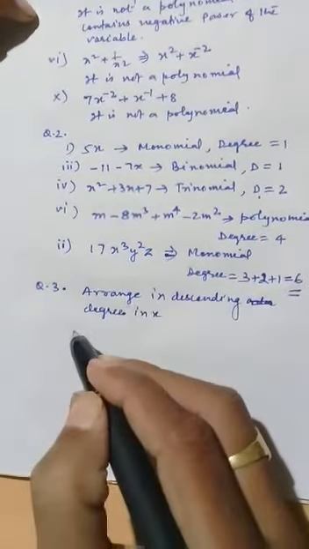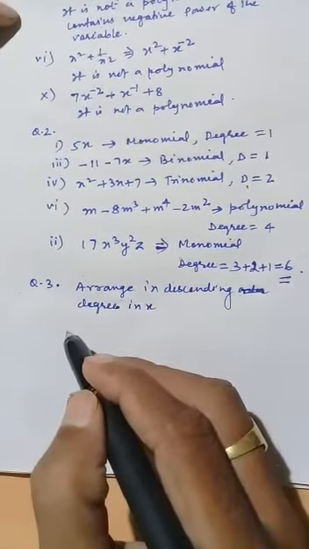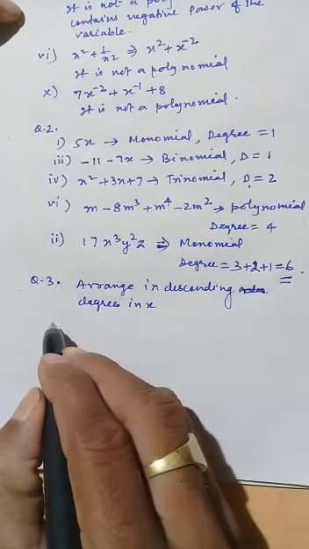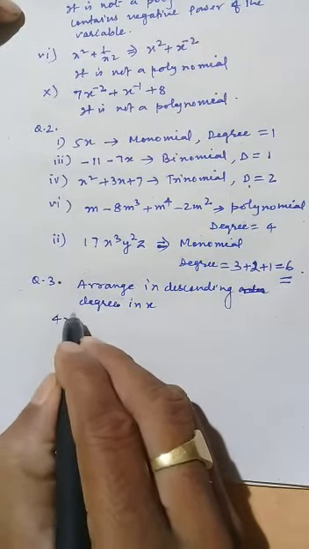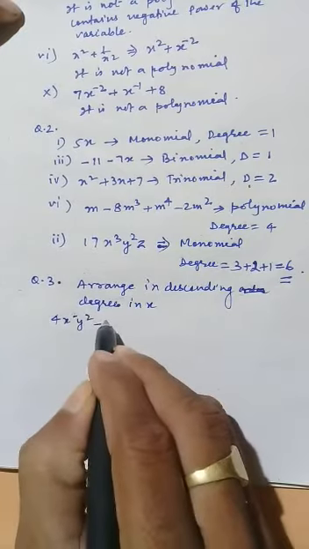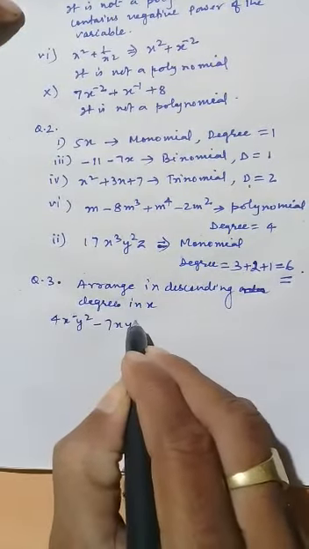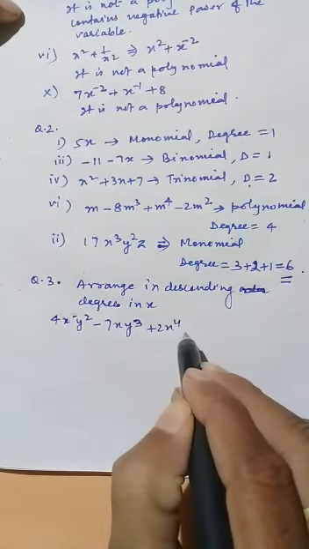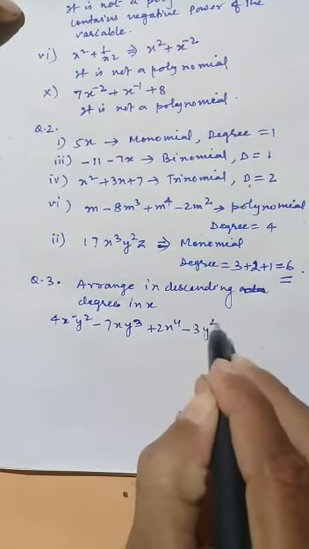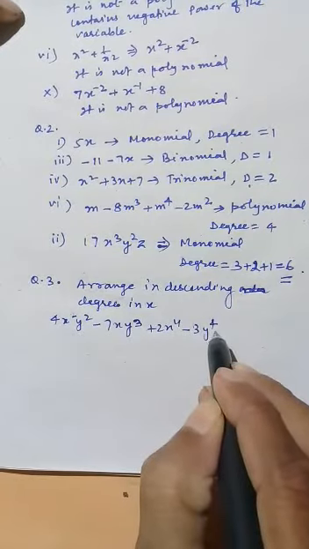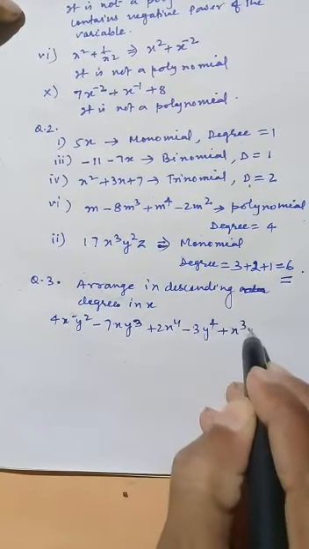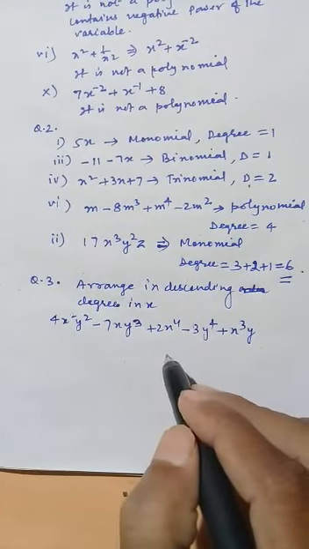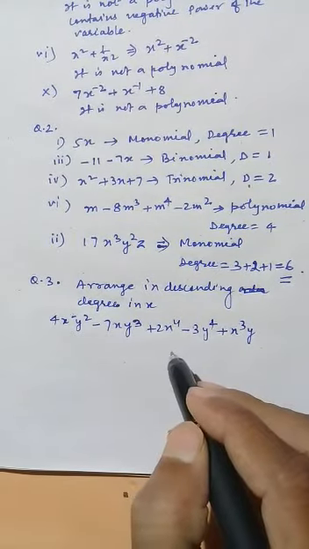The given expression is 4x square y square minus 7xy cube plus 2x to the power 4 minus 3y to the power 4 plus x cube y. Now we are going to write the terms in descending degree in x.